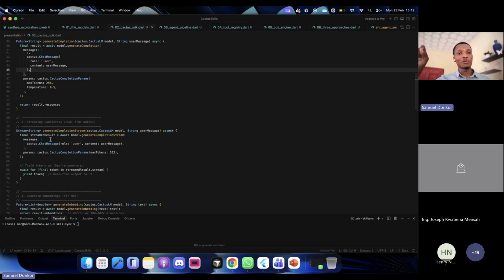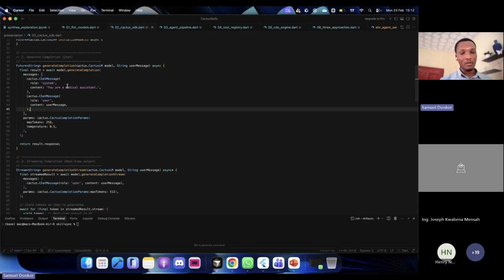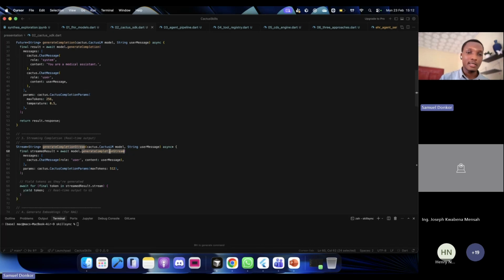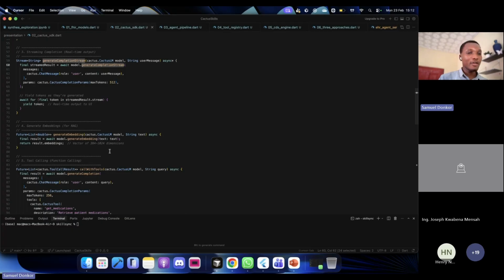So basically streaming, right? You could do that here. So with the conversational LLM, you just use the generate completion method. But if you want some streaming capability, it's going to be the generate completion stream method. And you can also generate embeddings.